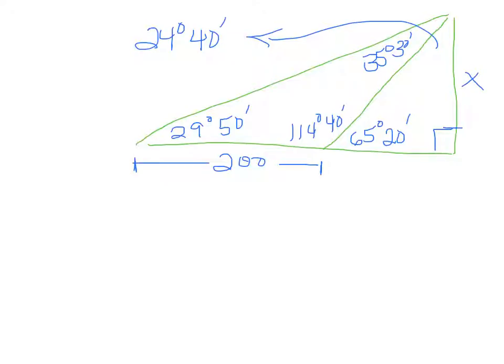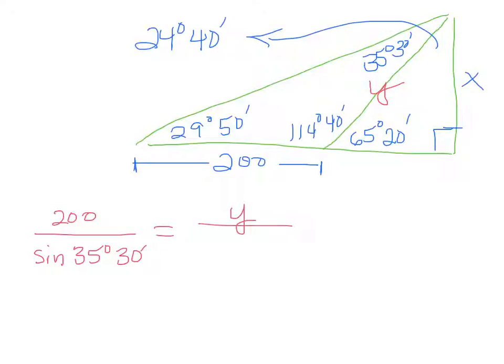All right, again, what we're going to do is find the side that's shared by both triangles on the left and the right. So we're going to find y using law of sines. 200 over the sine of 35 degrees 30 minutes is equal to y over the sine of 29 degrees 50 minutes.